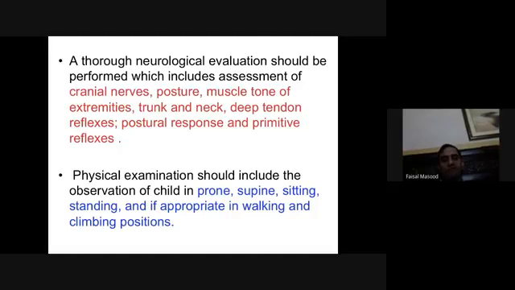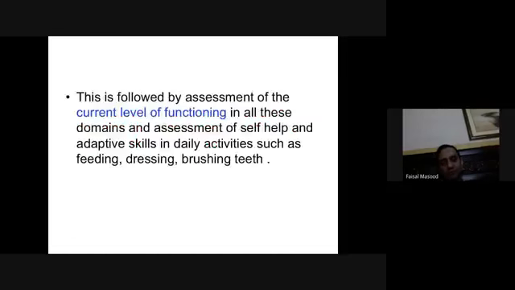Physical examination should include the child in prone, supine, sitting, standing, and if appropriate in walking and climbing positions. Then you must follow with assessment of current level of functioning, such as whether the child is unable to carry on daily activities, feeding, dressing, brushing, self-care, and what adaptive changes the child has made.